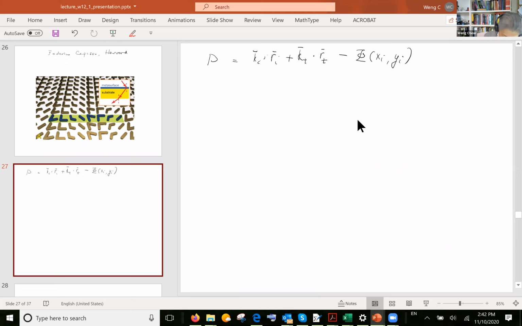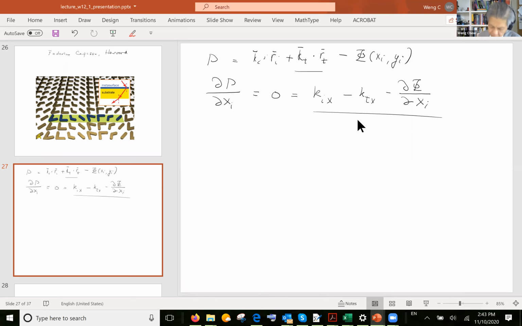Then if you find the optimal solution for Fermat's principle, which means that if you change xi, you get the minimum solution to be 0, you get Kix, and then you get KTX from here. And then you will have an extra term now because of this phase function.